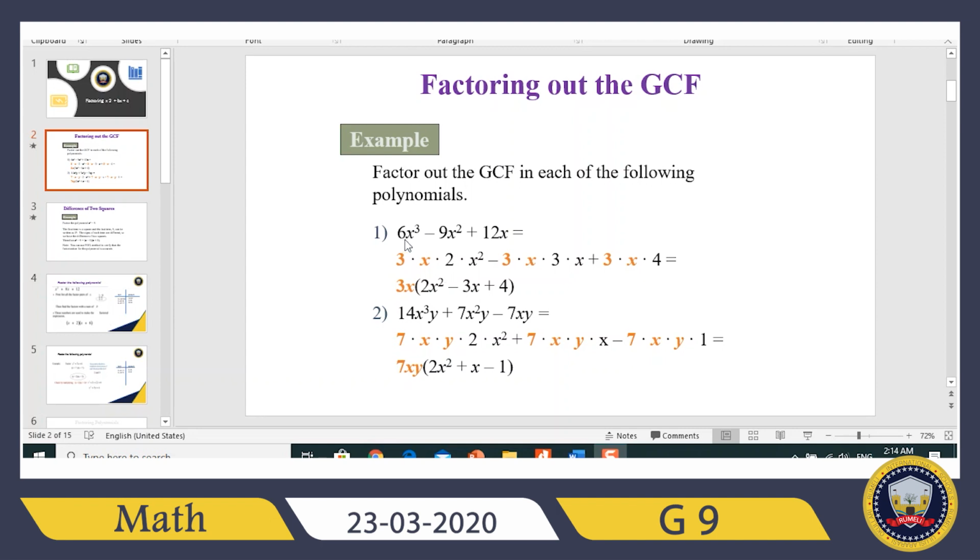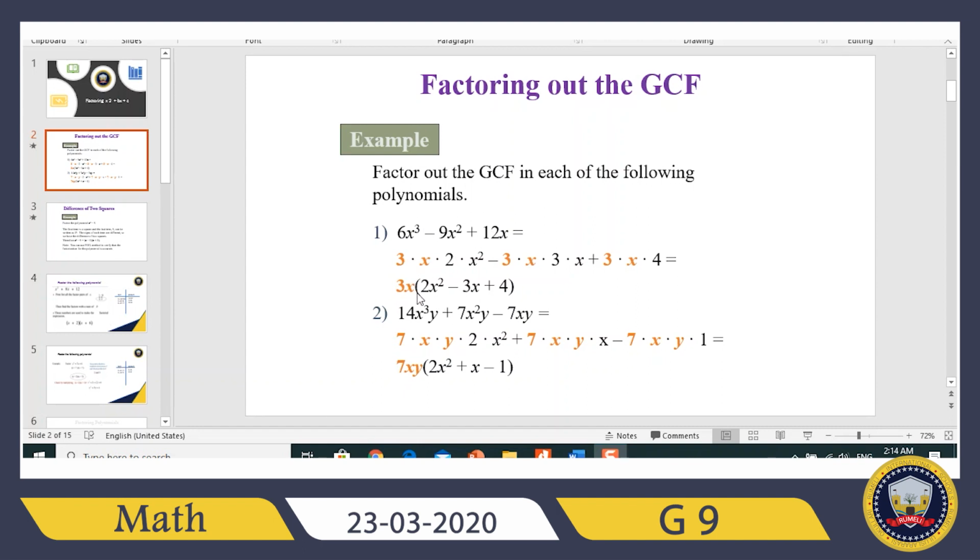So here, I have 6, 9 and 12, they are all in the times table of 3, and x power 3, x power 2, and x. Here I have 3 x's, 2 x's and 1x, and I can take 1x as a common factor as we studied before. I can take the 3 as a common factor and the 1x as a common factor.